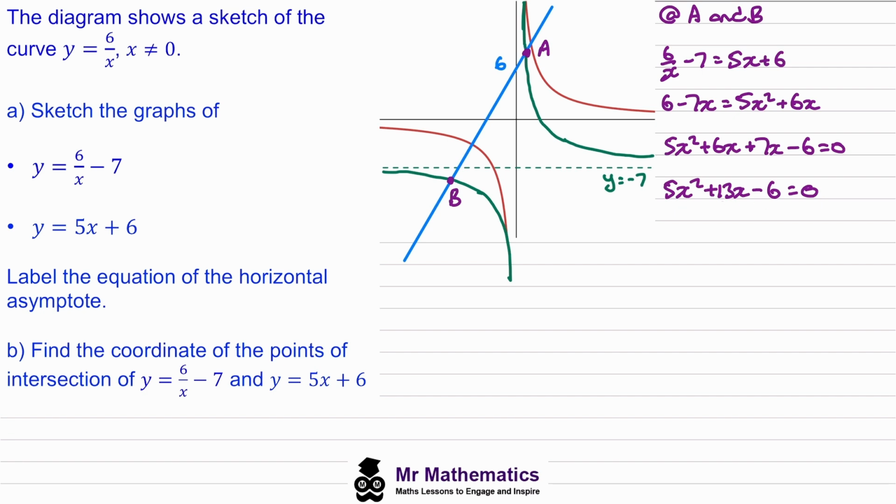So now we can factorize this and we get 5x minus 2 and x plus 3. So our solutions are when x equals 2/5 and x equals negative 3. And we can show these on the graph. So we've got negative 3 at B and 2/5 for x at A.